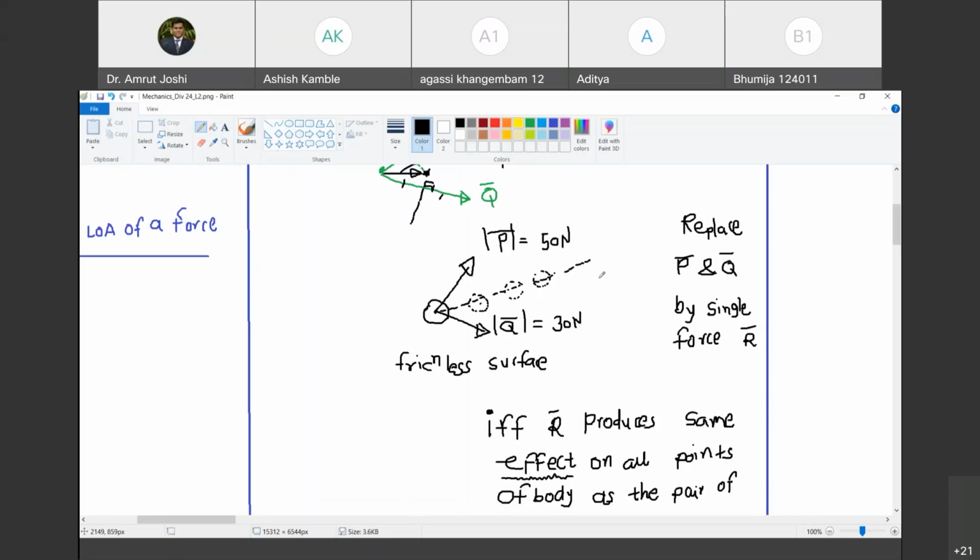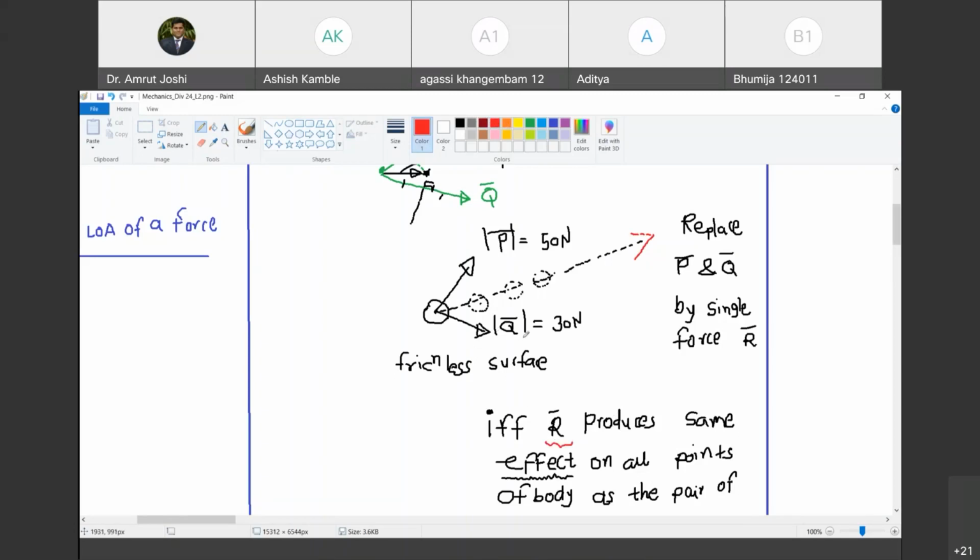Yes, sir. Now, what is the effect of P bar and Q bar together acting on the striker? It makes the striker move along this direction, which I have marked in red arrow. Do you agree with me? Yes, sir. So now, the resultant R bar.